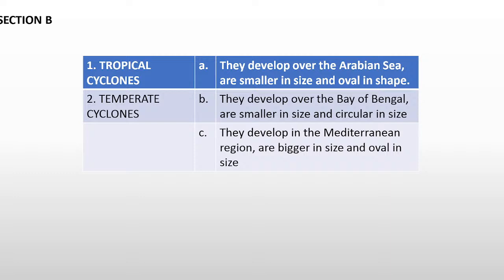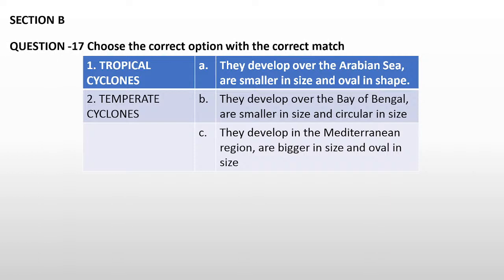Now going ahead, this is your question number 17. You have to choose the correct option with the correct match. You have two columns. Column 1, first is tropical cyclones, second is temperate cyclones. Column B, you have A, they develop over the Arabian Sea, are smaller in size and oval in shape.